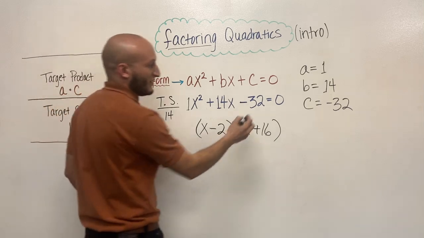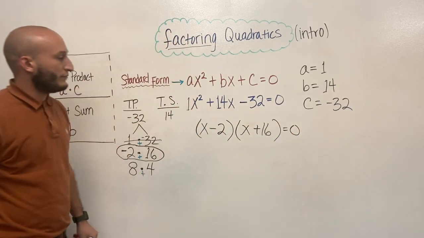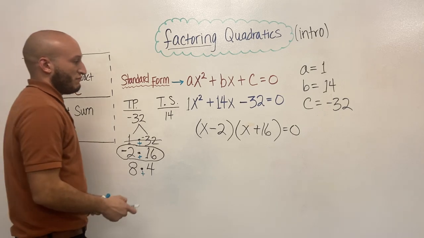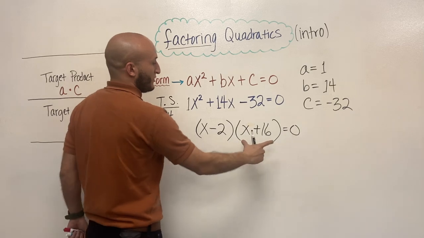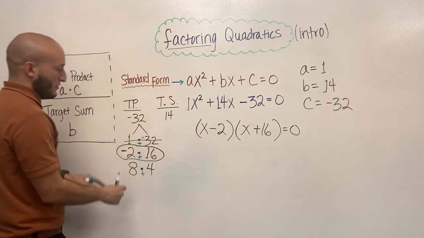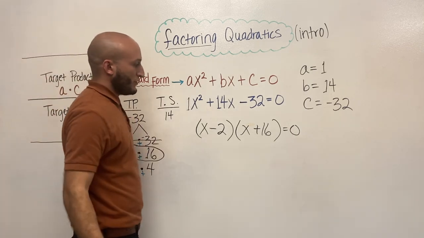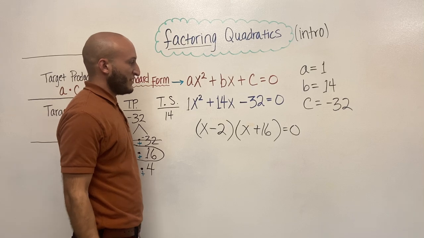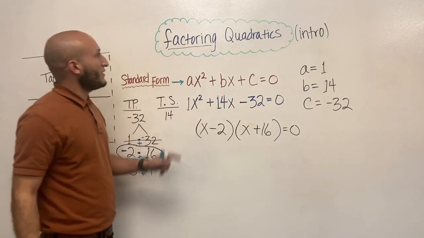And I'm done. Of course, all of this equals 0 as stated here. I have a binomial times another binomial. I was able to split this up into two factors of this quadratic. And that's it.